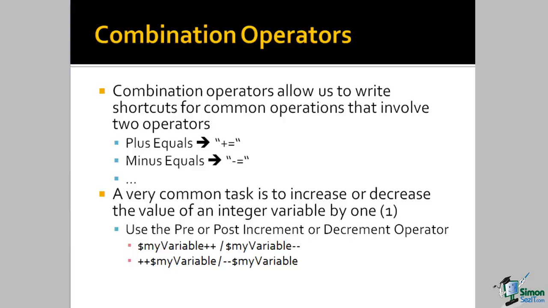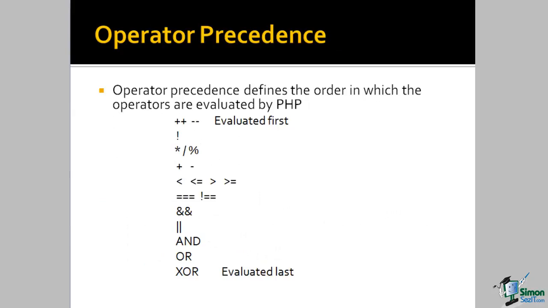Either add or subtract 1 from the current value and then use it with whatever it is that you're doing. So these are shortcuts. If you're not comfortable with them right off the bat, it is not a big deal, because they mean exactly the same thing as saying my variable equals my variable plus 1, or my variable equals my variable minus 1. So these are, again, just shortcuts.